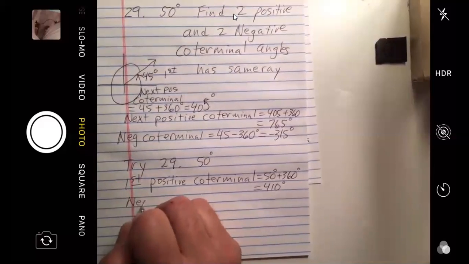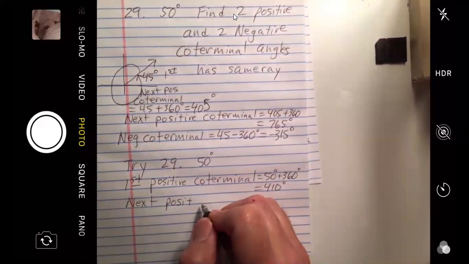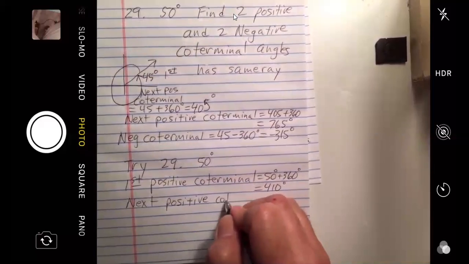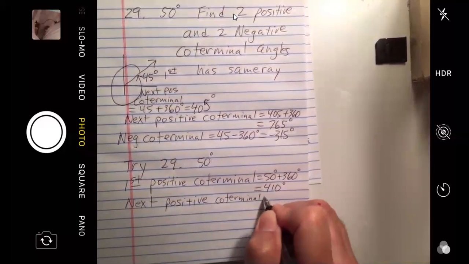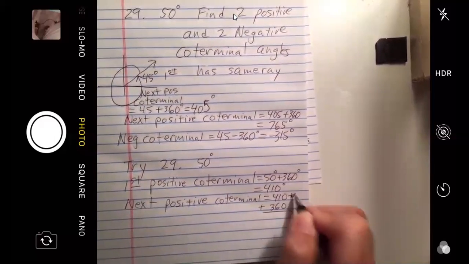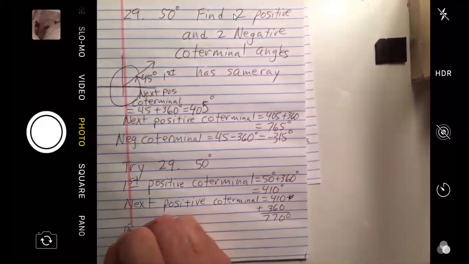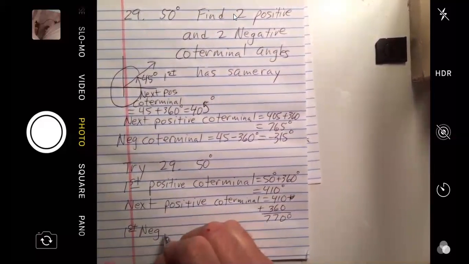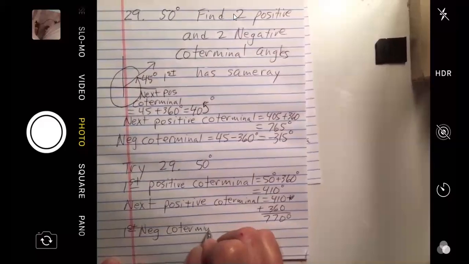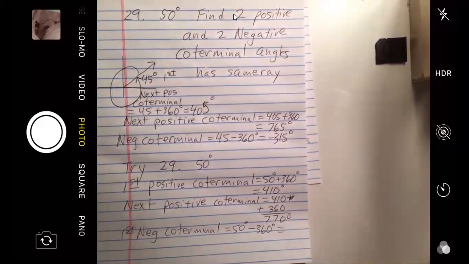Next positive coterminal, 410 add 360, I'll just do it in my head, 770 degrees. First negative coterminal, 50 degrees subtract 360 degrees, wouldn't you be at negative 310?